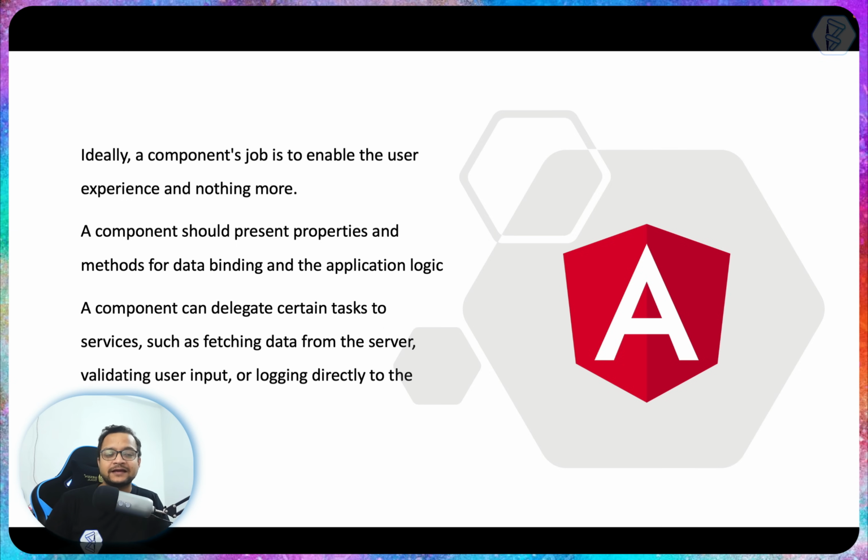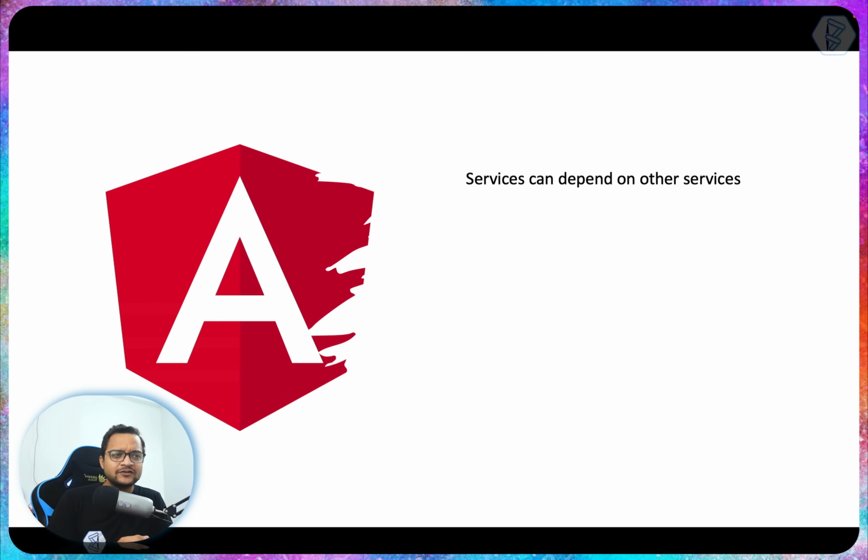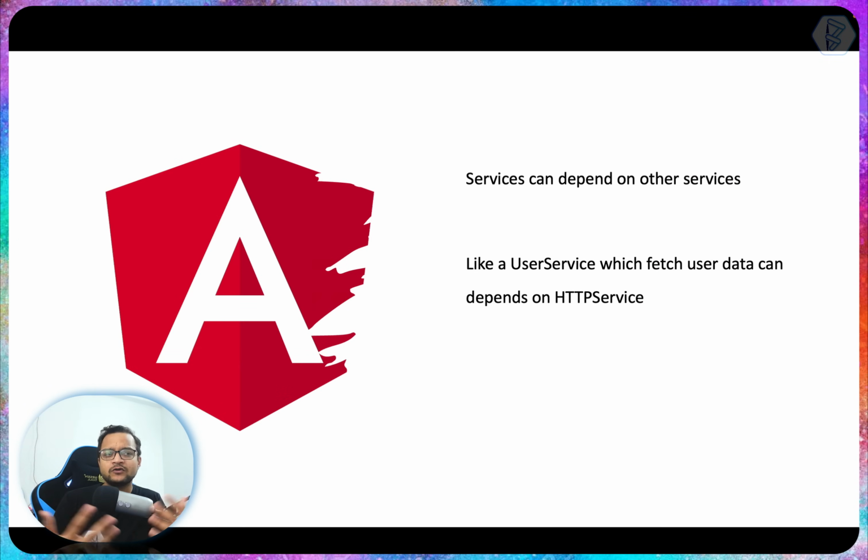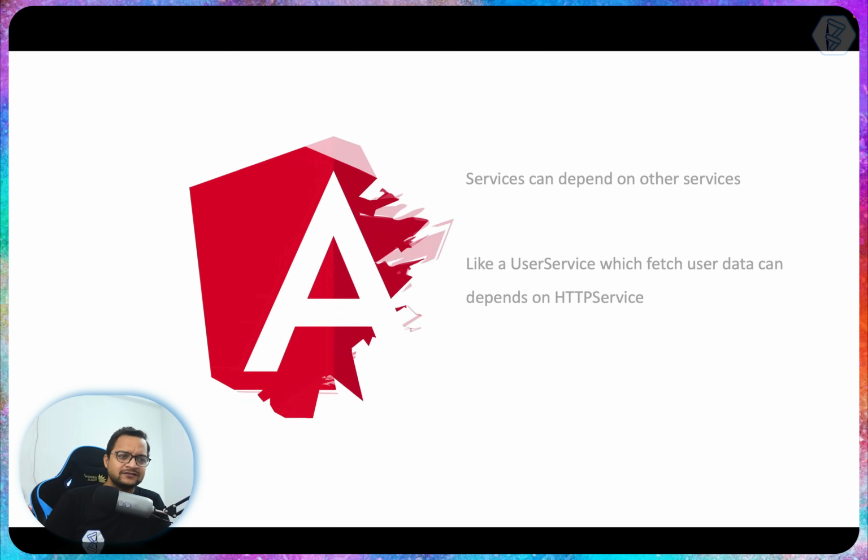The component delegates tasks to services, such as fetching data from the server, validating user input, logging directly to a console, and much more. And this is why we need a service. A service can also depend on other services. As we will see later on, a user service can fetch the data by using another service which is called the HTTP service.